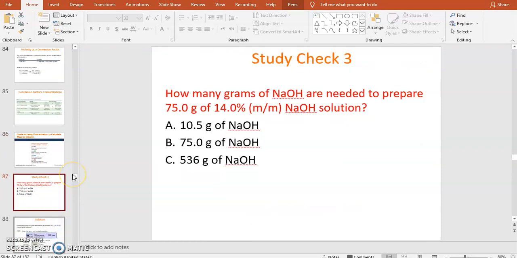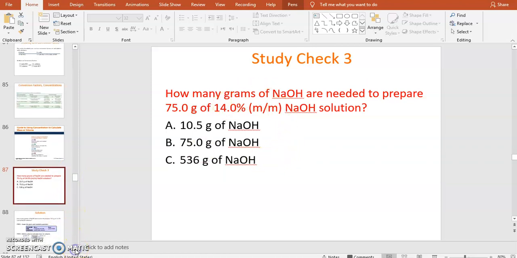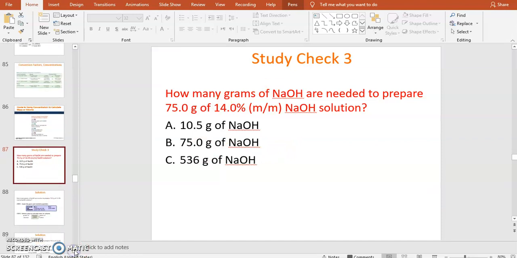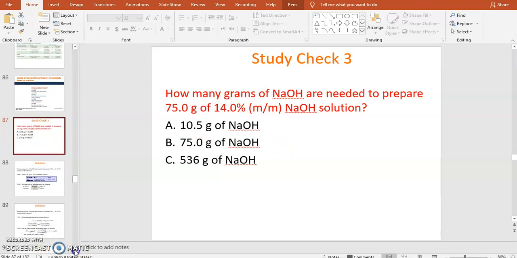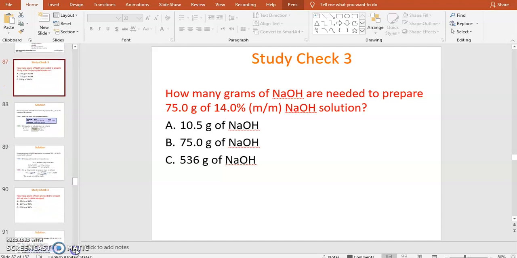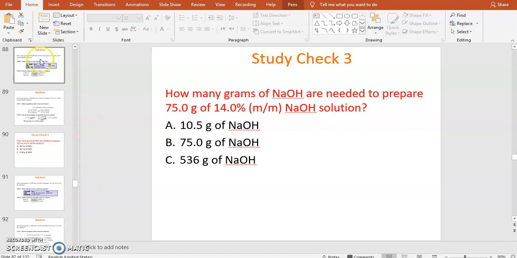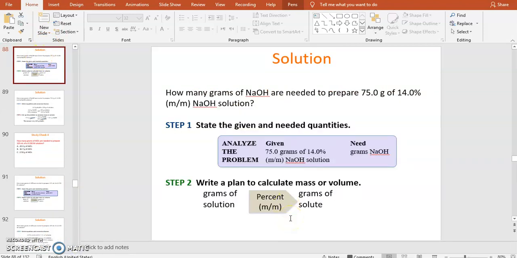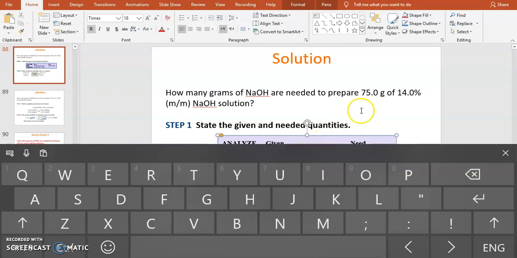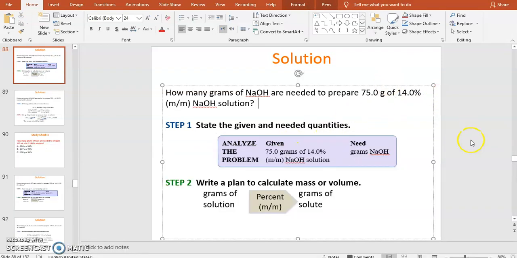Okay, so this is another example where it's asking you how many grams of NaOH are needed to prepare 75 grams of 14% NaOH solution. So our given is 75 grams of 14% solution, and then we need grams of NaOH.